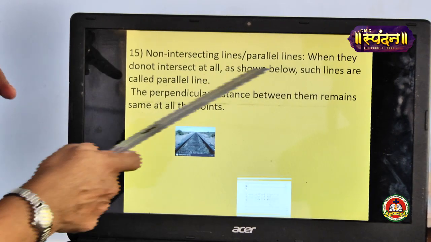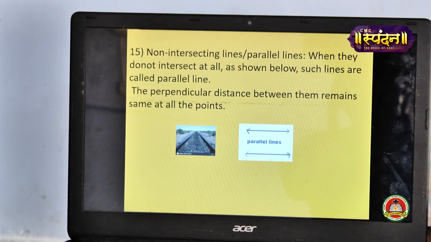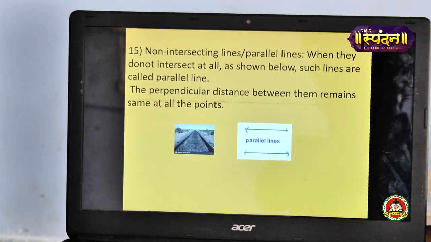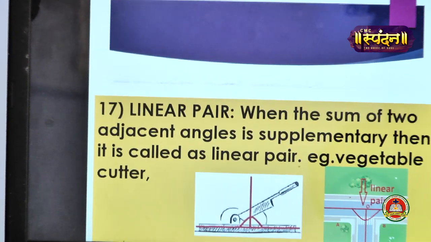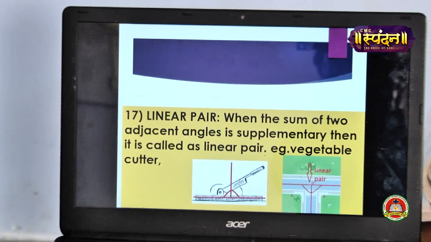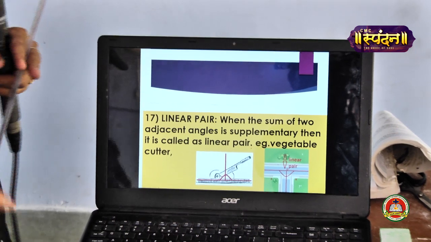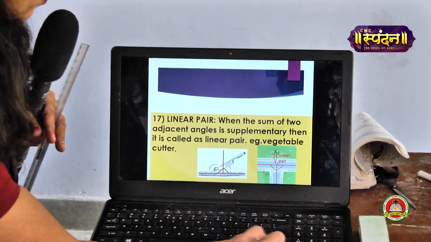Next, non-intersecting lines or parallel lines. When two lines are not intersecting, you say that those two lines are called parallel lines. Suppose you observe the roof of your house, you see both the lines are moving towards, they are not at all intersecting. And one more example is the railway track, where the railway lines go on extending and do not meet each other.